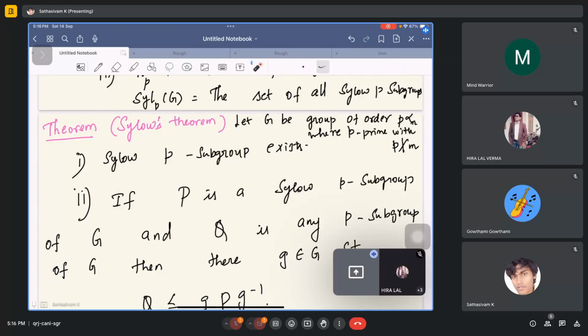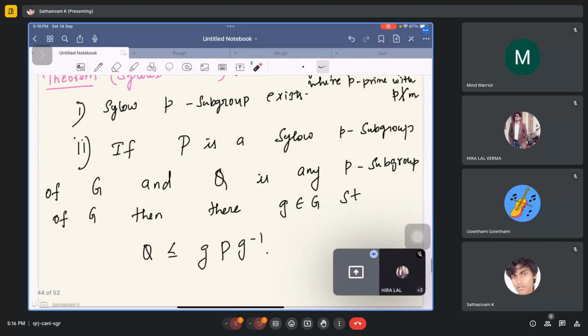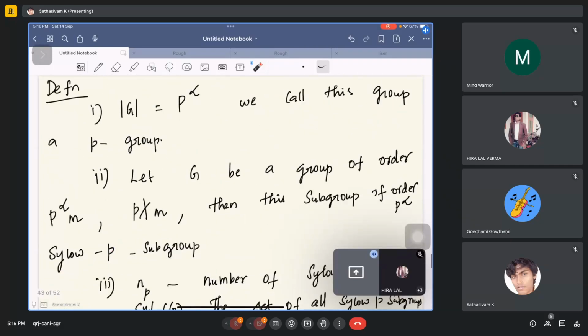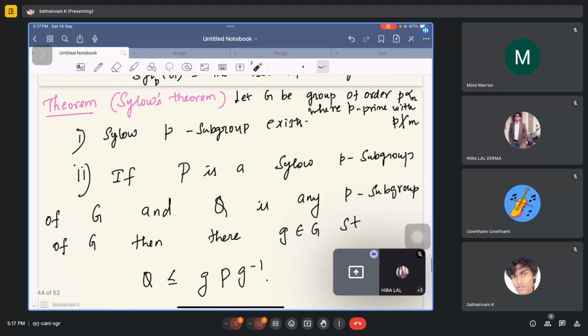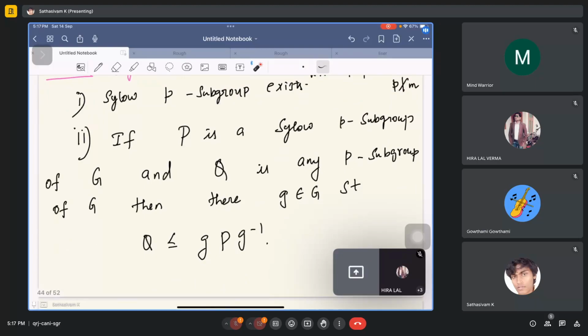Under that hypothesis, the Sylow p-subgroup exists, and if P is a Sylow p-subgroup and Q is any p-subgroup, meaning any subgroup of G which has prime power order, it need not be the maximum prime power, it can be even a smaller prime power, then Q will be contained in some conjugate of P. In particular, if you take Q also as a Sylow p-subgroup, this will be equal to gPg inverse.